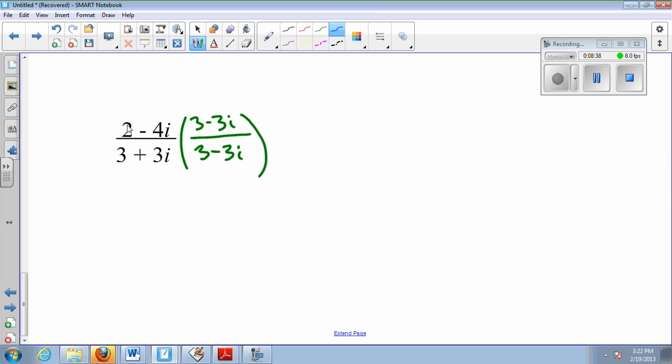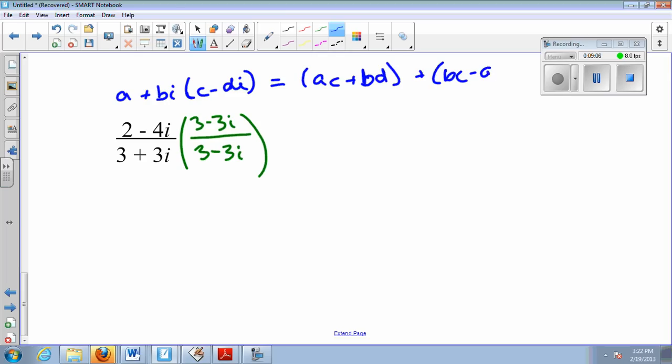The shortcut says a plus bi times c minus di becomes ac plus bd plus bc minus ad i. If you don't like the shortcut, you don't need to use it. You could just FOIL as normal.